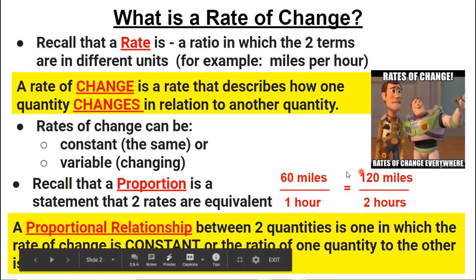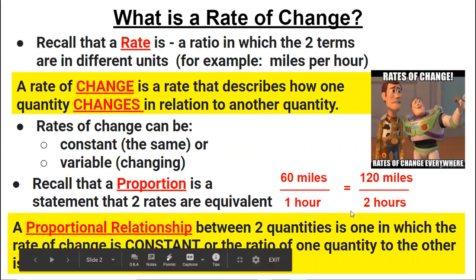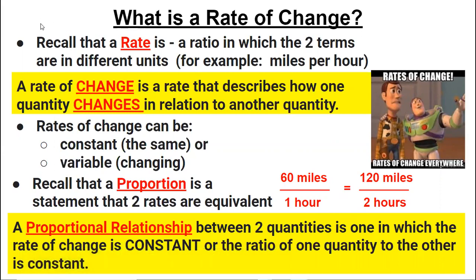These statements are equivalent. And the proportional relationship between two quantities is one in which the rate of change is constant, or the ratio of one quantity to the other is constant. So this relationship right here is a proportional relationship. So hopefully that should be reviewed for you. Let's move on.